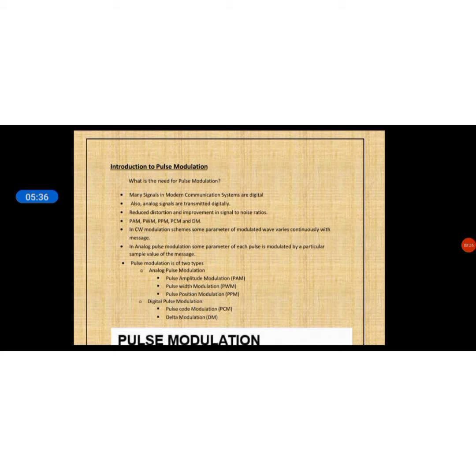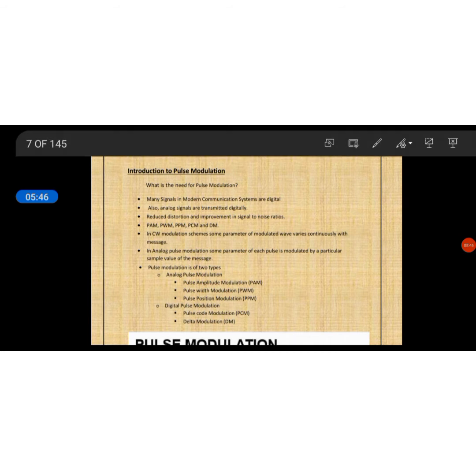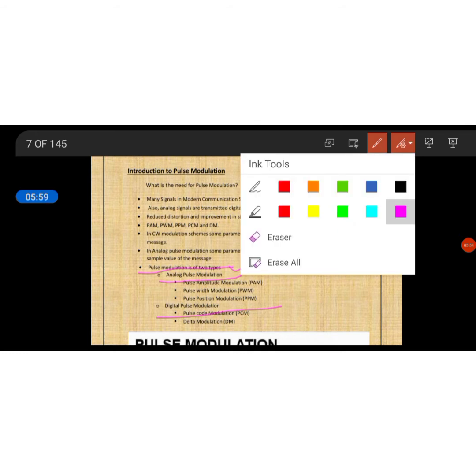Based upon the pulse of the carrier, pulse modulation is categorized as analog pulse modulation and digital pulse modulation. Pulse modulation can be categorized into two types: analog pulse modulation and digital pulse modulation.